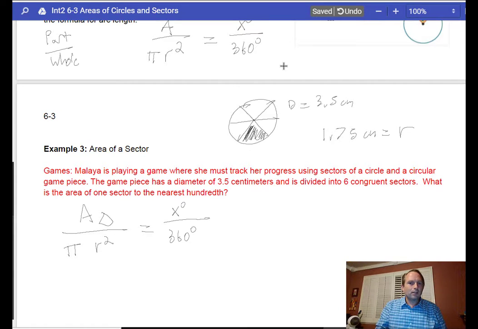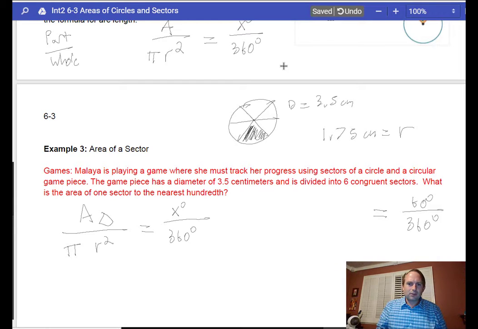All right, well, I know that this is 6 equal parts, so that'd be 360 divided by 6, which would be 60 degrees. So I'm going to rewrite this over here. I know that 60 degrees is to 360 degrees. How do I know that? Well, 6 equal parts times 60 would be 360.